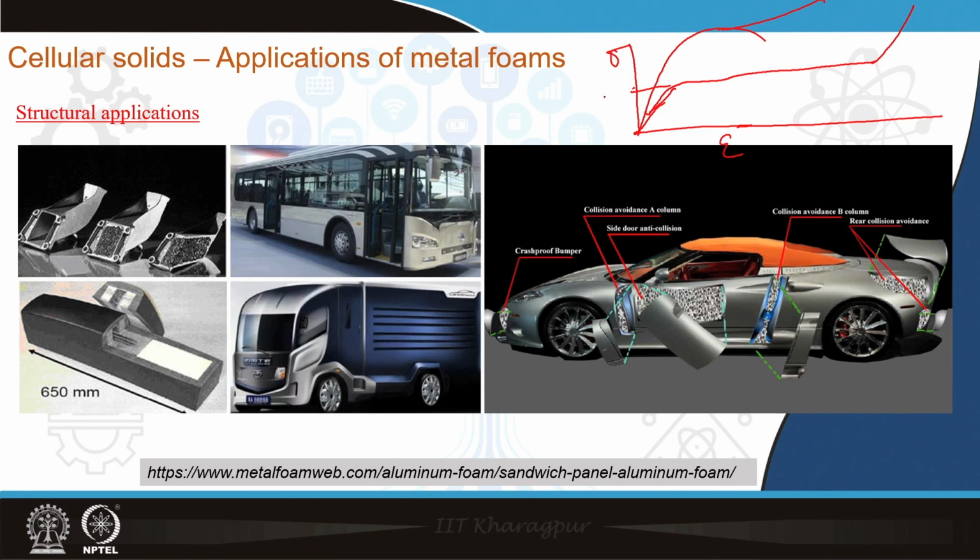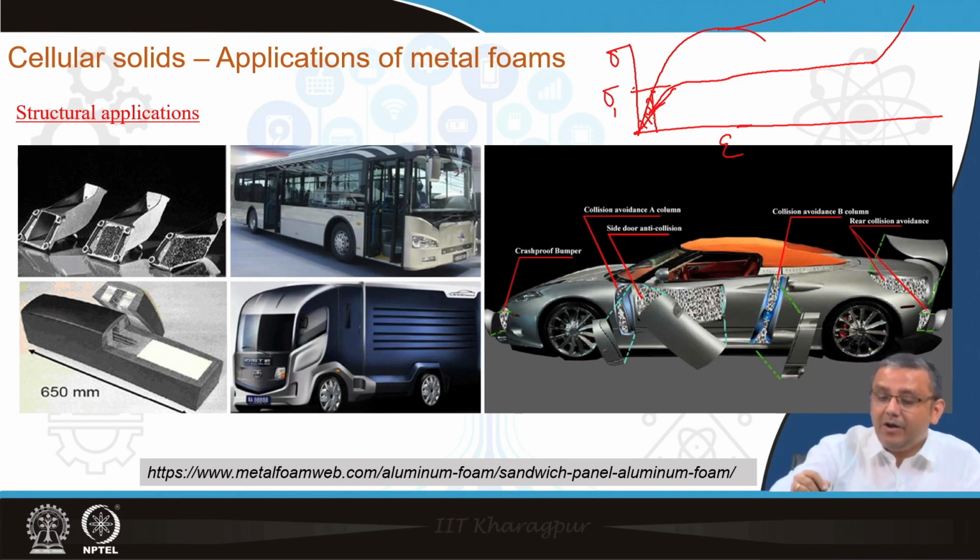Now, if this is our critical stress, sigma 1 for example, for the bulk aluminum this is the area under the stress strain plot. You can see it is only elastic deformation and the amount of energy absorbed is very small, whereas the metal foam starts undergoing deformation already below the stress, and that means your plateau stress will lead to such a high amount of area under the curve.